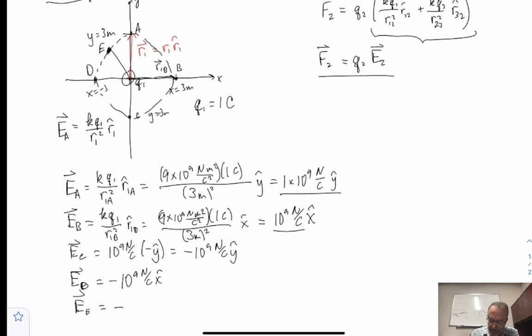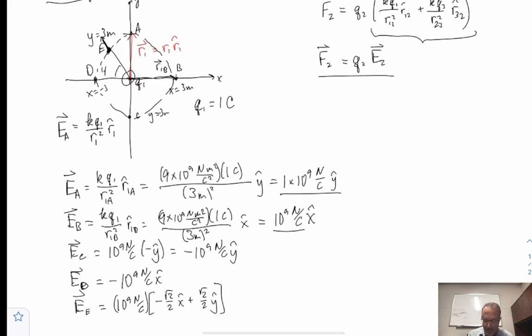And then it's going to be a unit vector in that direction. So maybe that direction would be minus square root of 2 over 2 x hat plus square root of 2 over 2 y hat. Notice that would be a unit vector if I chose this angle to be 45 degrees.